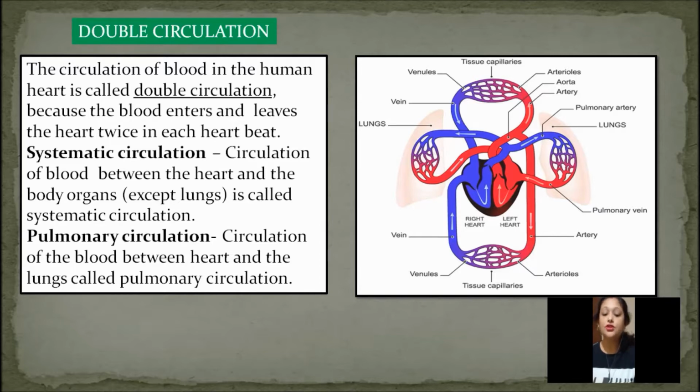Now the question is, what are the parts of double circulation? First of all, the circulation of the blood in the human heart is called double circulation. In this process the venous blood enters, and the pure blood is pumped throughout the body of the human. These are the two processes. There are four chambers: right auricle, right ventricle; left auricle, left ventricle.